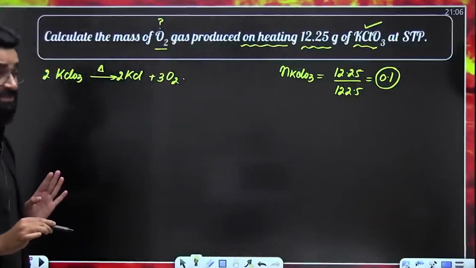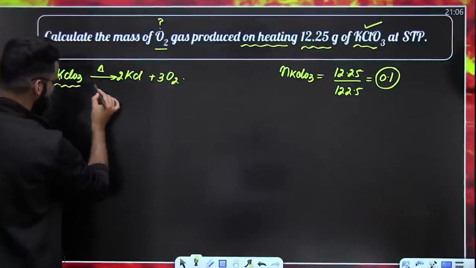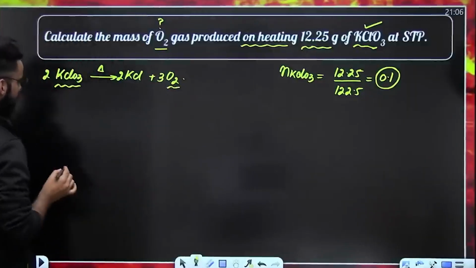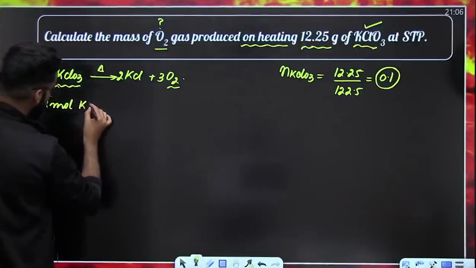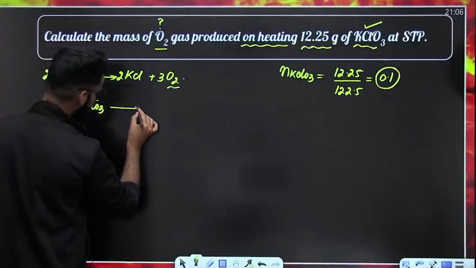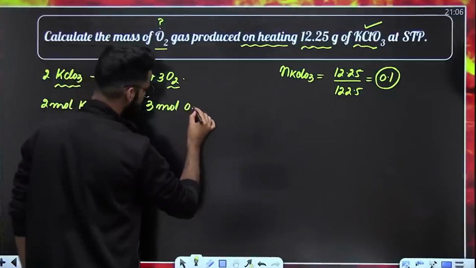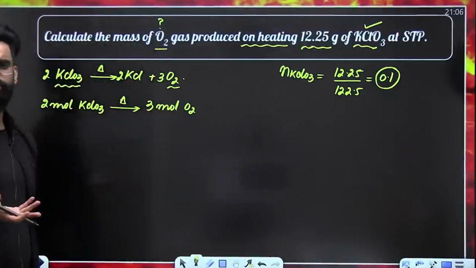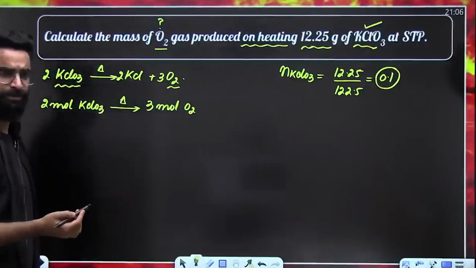So you just need to relate these 2 things. From the mole method, 2 moles of KClO3 upon heating gives 3 moles of O2. Stoichiometry is telling us that 2 moles of KClO3 upon heating gives 3 moles of O2.